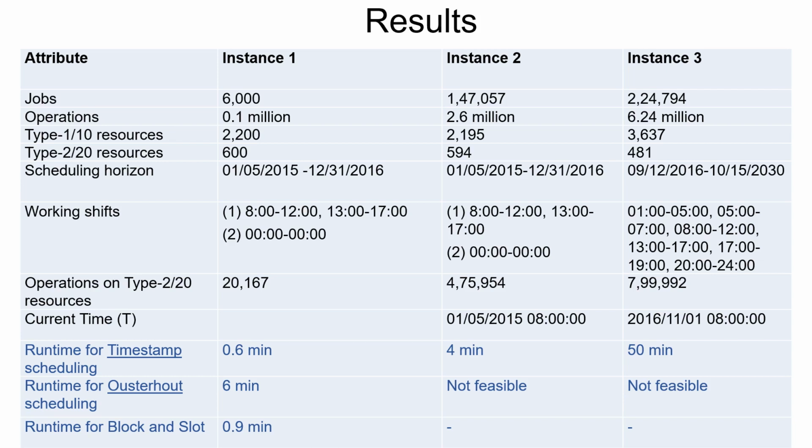We have also implemented the block and slot algorithm for the smaller instance, which has around 0.1 million operations, and the runtime is 0.9 minutes. We are yet to run it on larger instances, so we are still working on it.